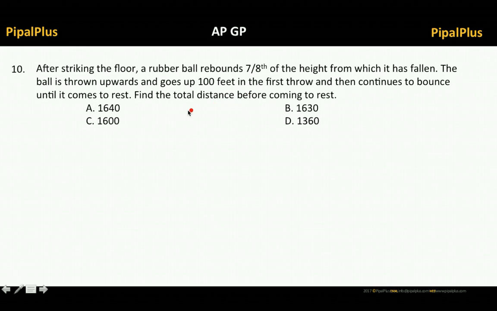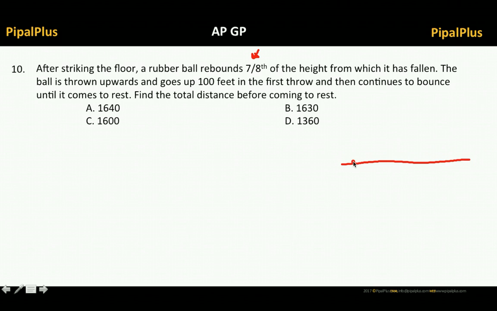Clearly this is a question of finding the sum of a geometric progression where the common ratio is less than 1, which is 7 by 8, and we need to find the sum of these terms all the way to infinity.